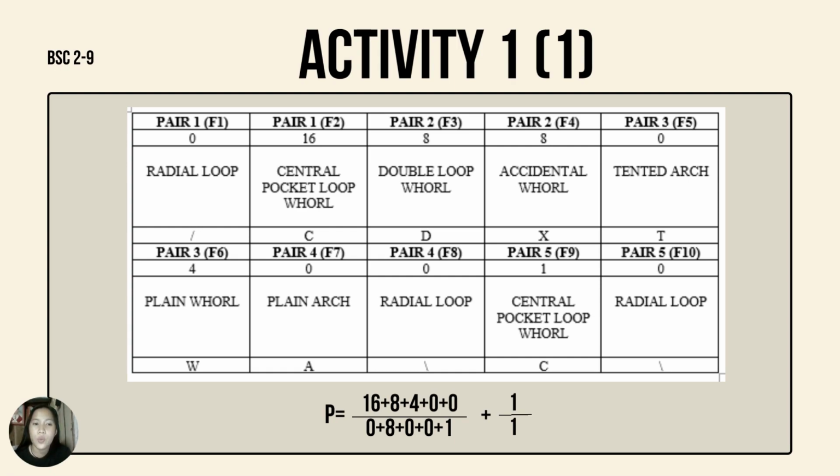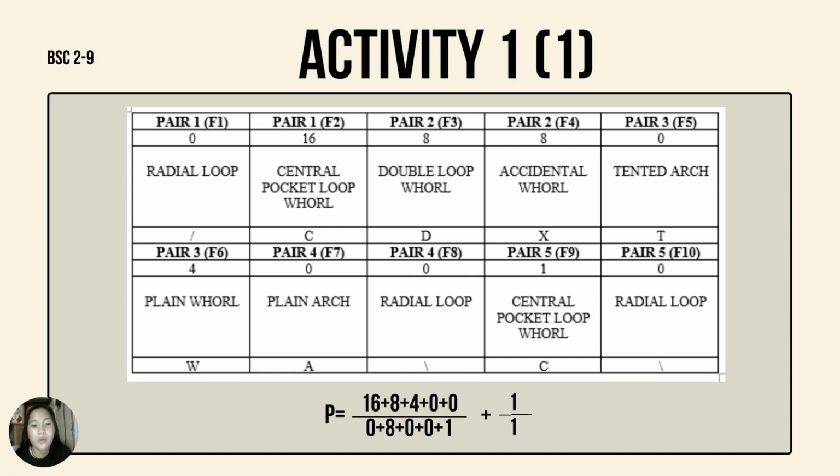The only whirls that have values here are in finger 2 of pair 1, which is the central pocket loop whirl, finger 3 double loop whirl, finger 4 accidental loop whirl, finger 6 plain whirl, and in pair 5, finger 9, which is the central pocket loop whirl.